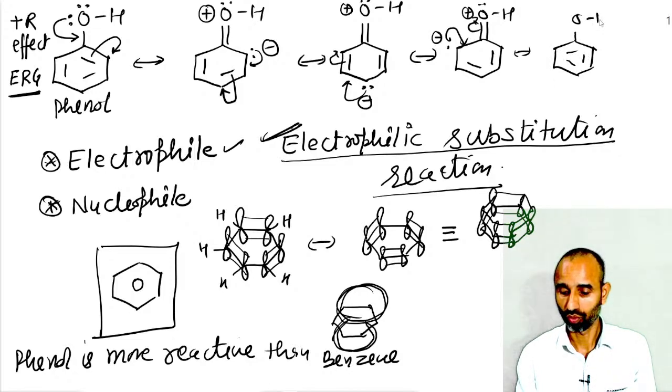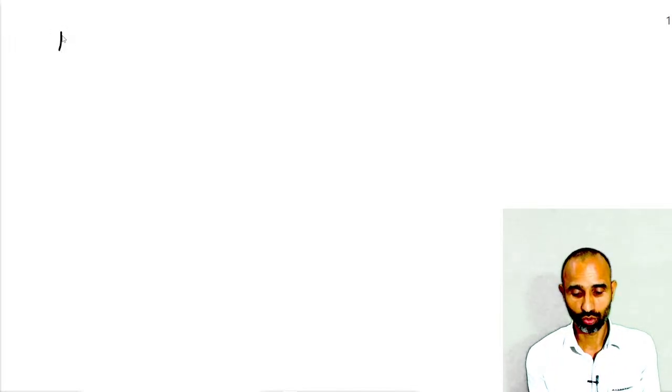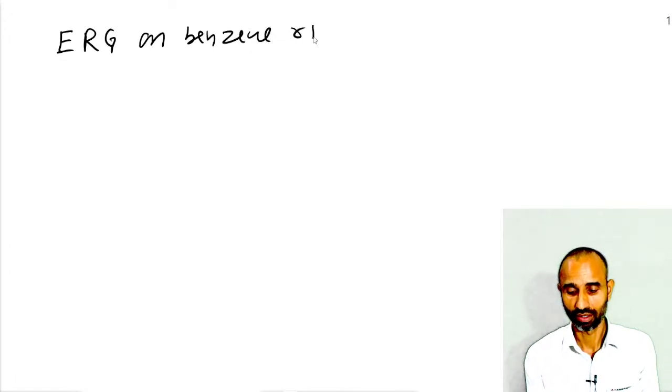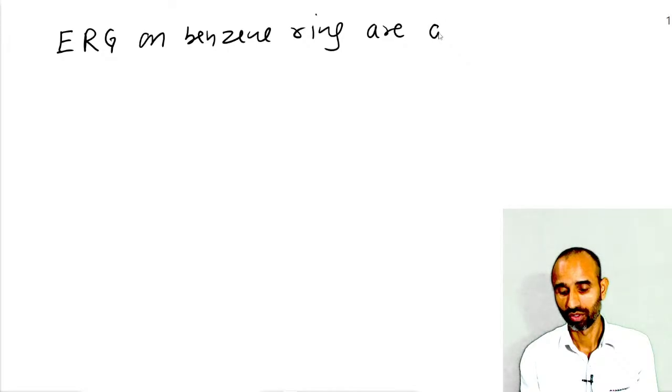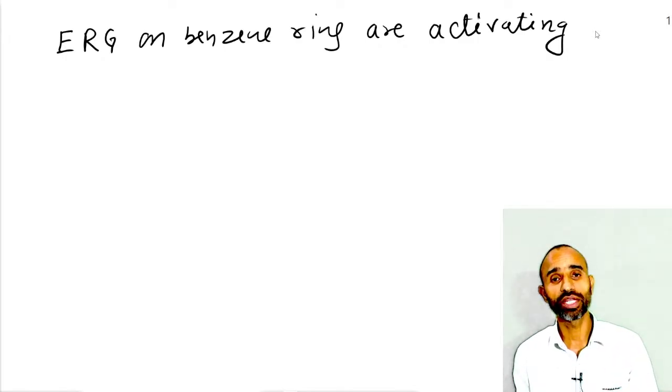So any group which is electron releasing on the benzene ring is activating, because it increases the reactivity of the benzene.